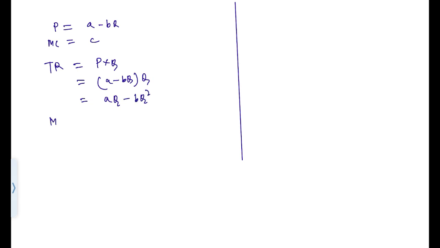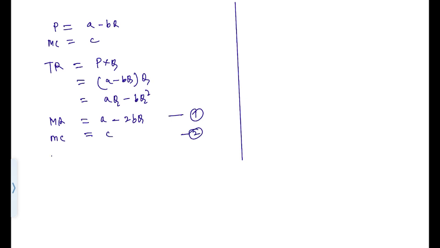Now calculate the marginal revenue. We differentiate total revenue with respect to q, the output, so marginal revenue is a minus 2bq. This is equation number 1, and marginal cost is given as c.